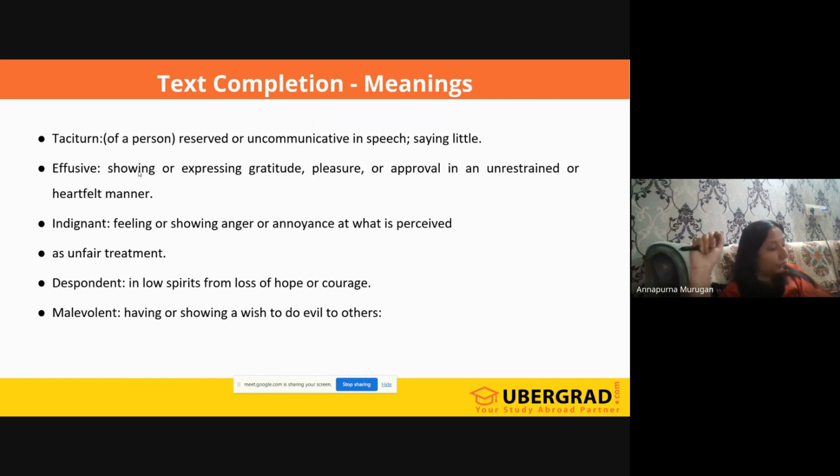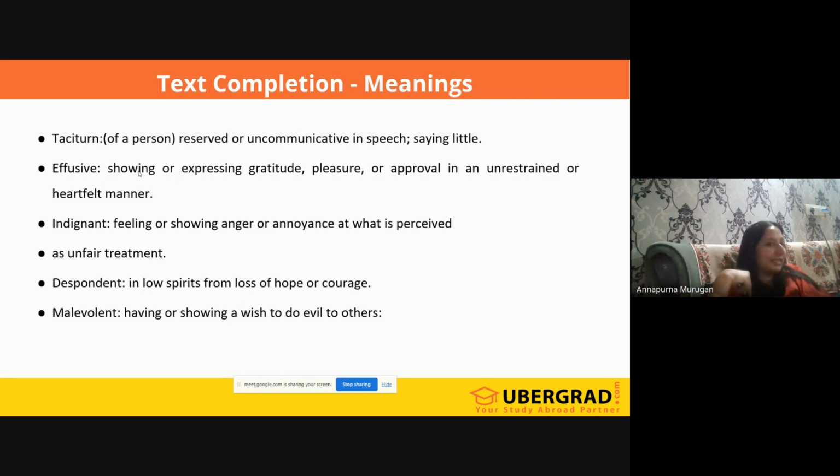And malevolent is what? A person who wants to do bad to others. Is there anything saying that he wanted to do bad to others? Not asking anyone whether they had questions doesn't mean that the lecturer wanted to harm the students, right? So malevolent also goes out.